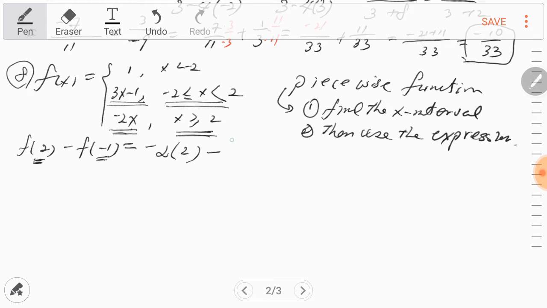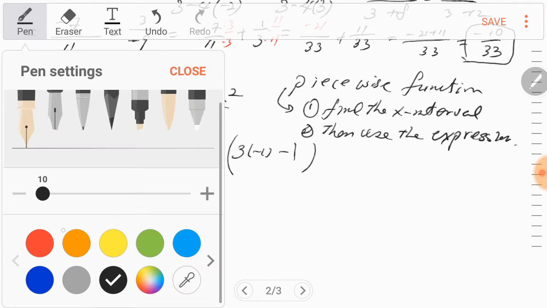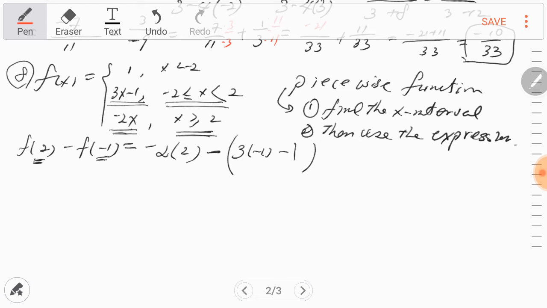So why don't we put the parenthesis for f of -1? Because this is minus. So 3 times x is what? -1 minus 1. So this is important. Put parentheses around f of -1, because if you don't put parentheses, you are multiplying only this guy by negative, right? Okay, so the parenthesis is important in this case.